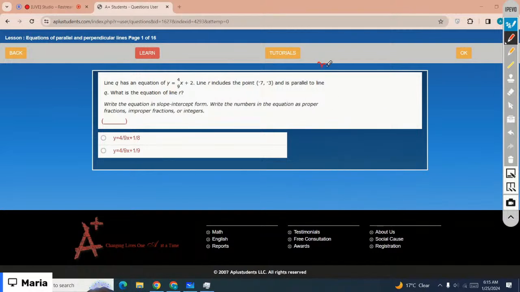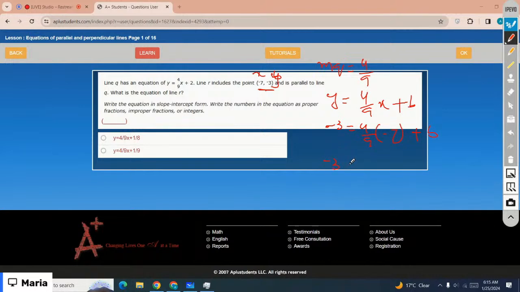The slope is the same, 4 over 9. The equation is y equals 4 over 9 x plus b. Use this point and calculate the y-intercept. x is negative 7, y is negative 3. So you have negative 3 equals 4 over 9 times negative 7 plus b.